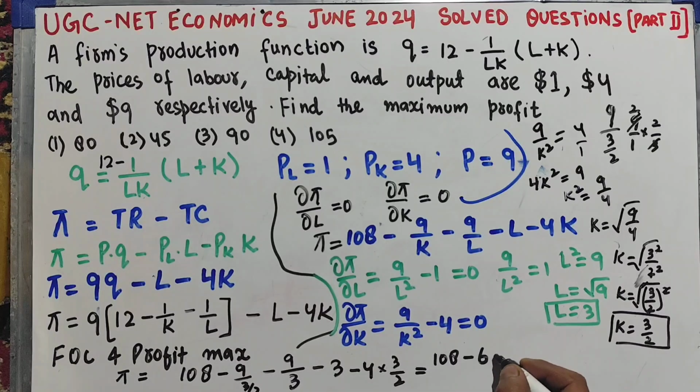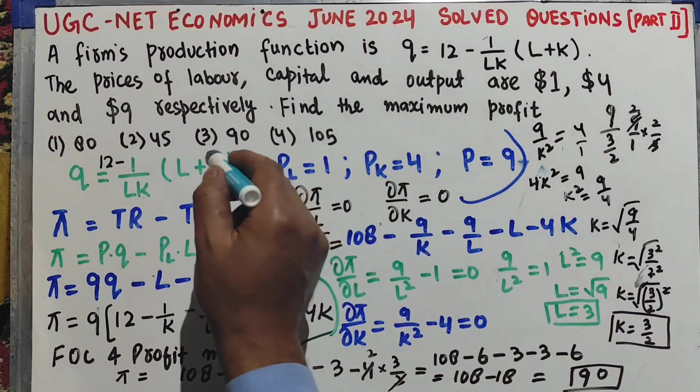So we have 6 minus, 9 upon 3 is 3, then we have minus 3, then 2 ones are 2, 2 twos are 4, so it also becomes 6 here. So we get 108 minus 18, so the maximum profit will be equal to 90. Okay, so the correct option should be this option.